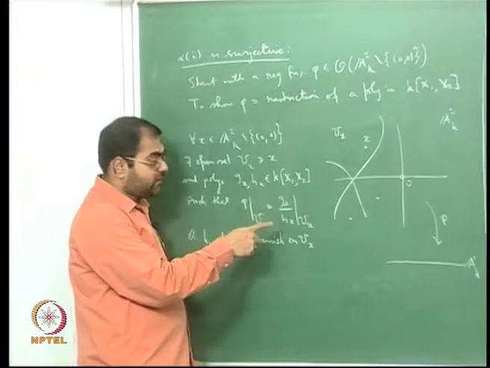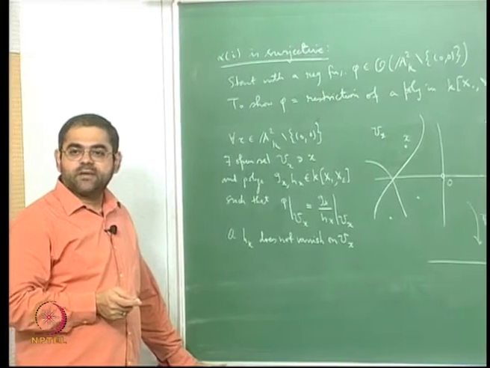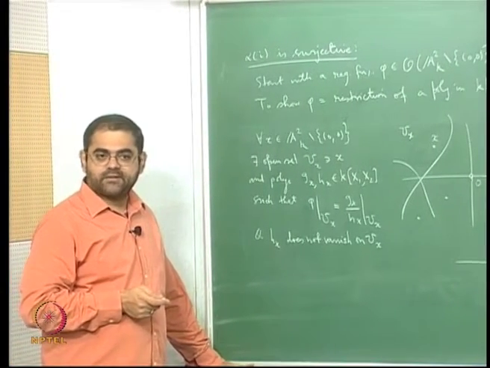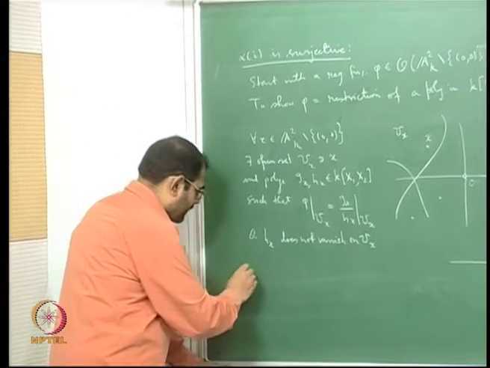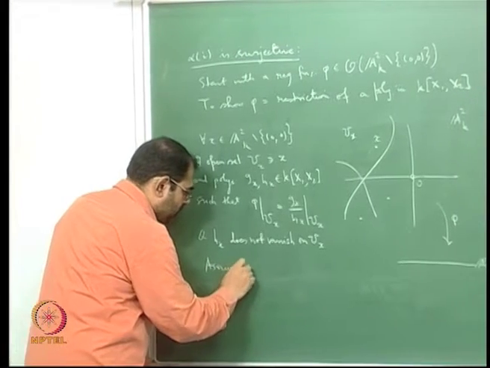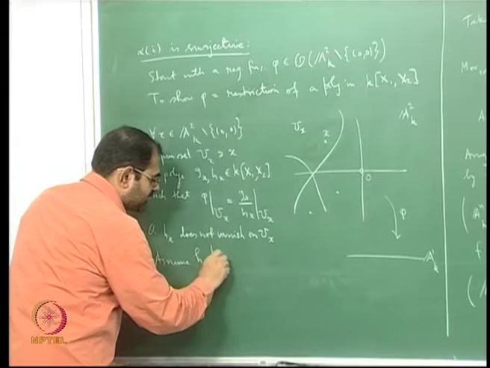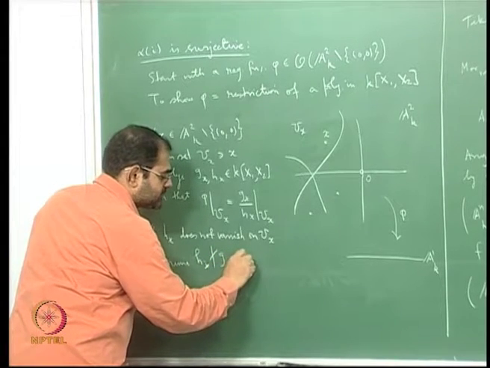So what it will finally tell you is that hx divides gx, okay. So to obtain a contradiction, I will assume hx does not divide gx, and I will try to obtain a contradiction. So assume hx does not divide gx for every x.